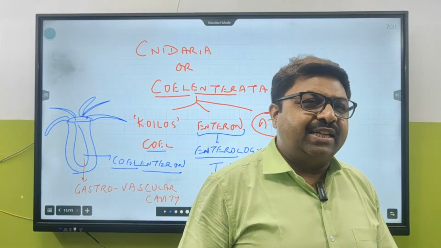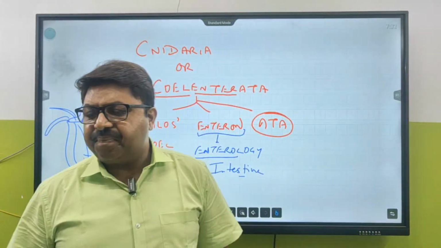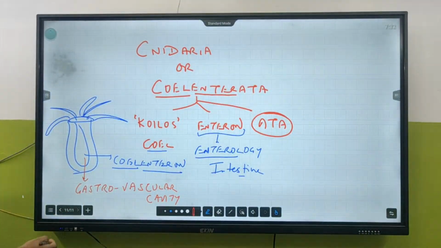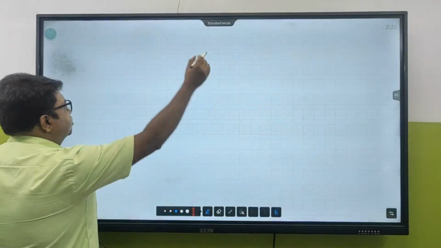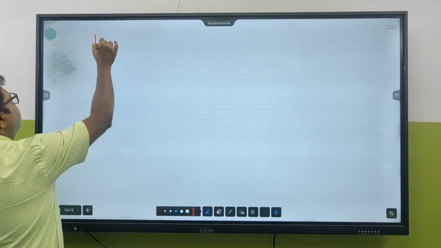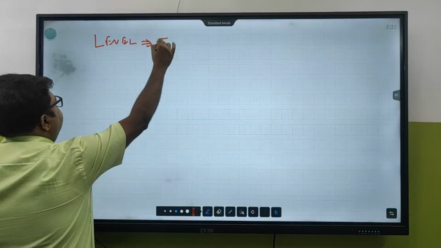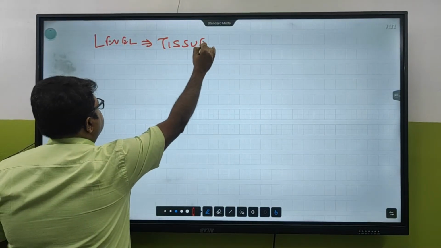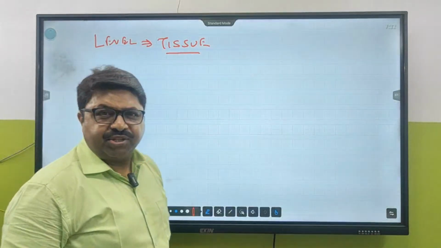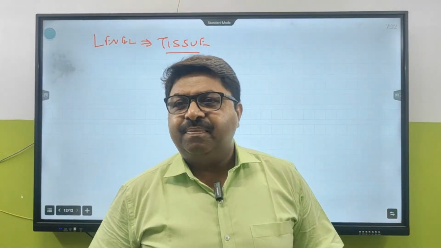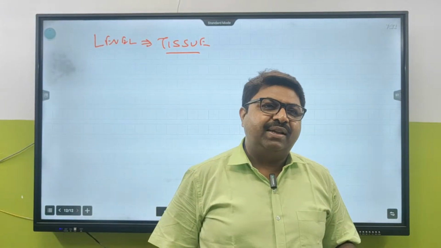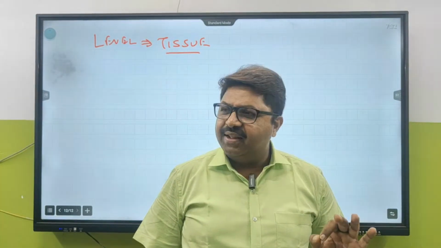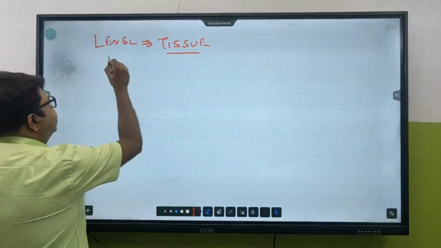The cavity present inside sponges is called spongocoel. Clear? So, this is done. Next, what kind of level of organization do they show? Very good. For the first time, they show tissue level of organization. Cnidarians are the first to show tissue level. Clear? Next. What is their symmetry?